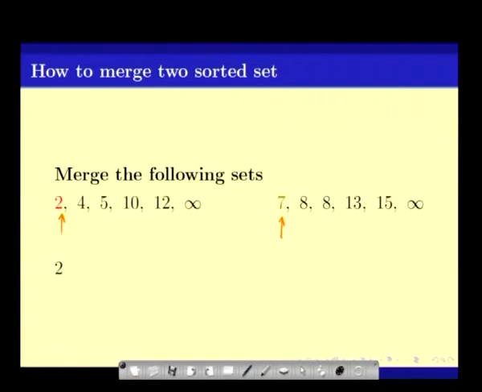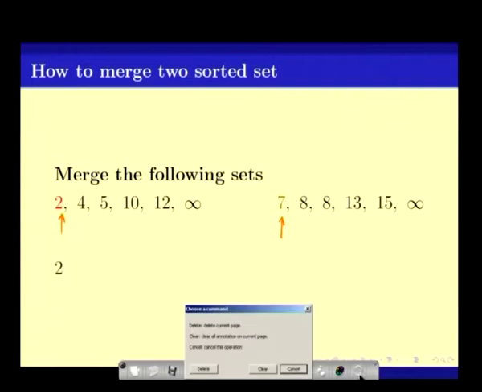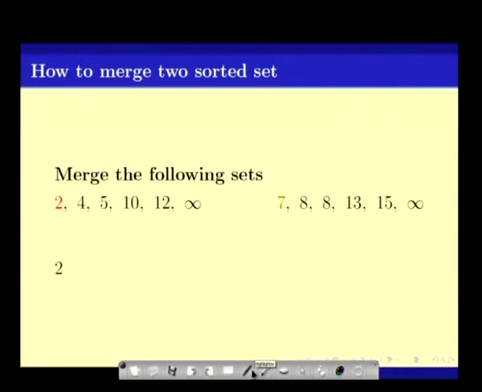Once we are done with 2, we can move our marker. Our marker was here, and we move it from 2 to 4, and we remove this 2. From now on we can think that this 2 is gone.